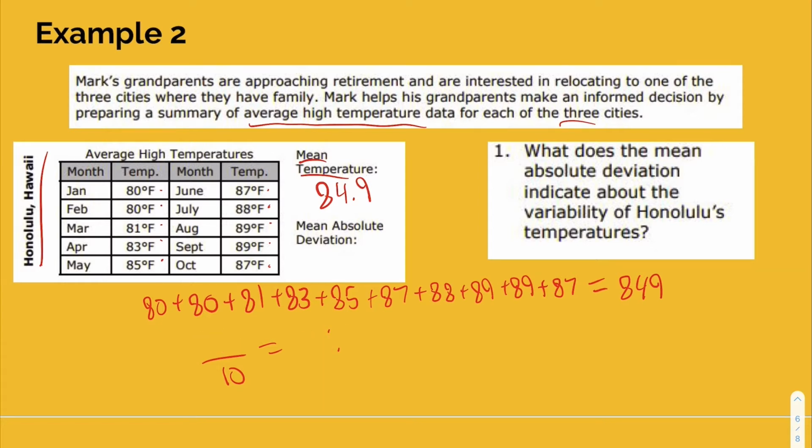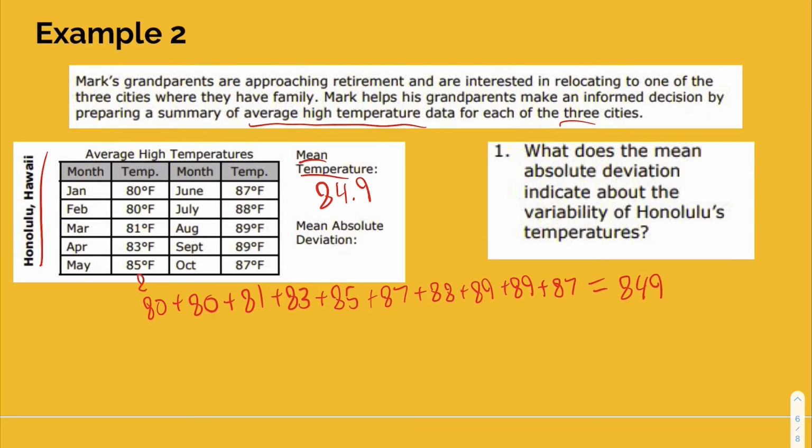Then the next step is, I hope you're writing these numbers down the way that I am, because I'm about to show you a way that we can save some space and do this subtraction. Now we have to take 84.9 and figure out how far away each of these temperatures is from that number. We have to figure out the distance between January's 80 degrees and this 84.9 degrees.